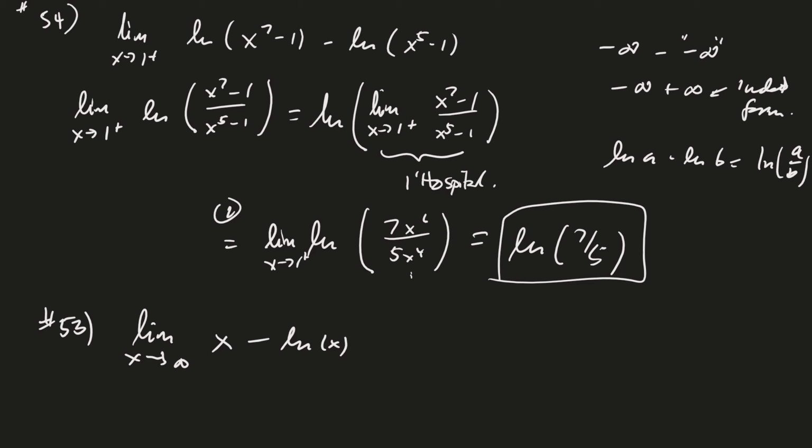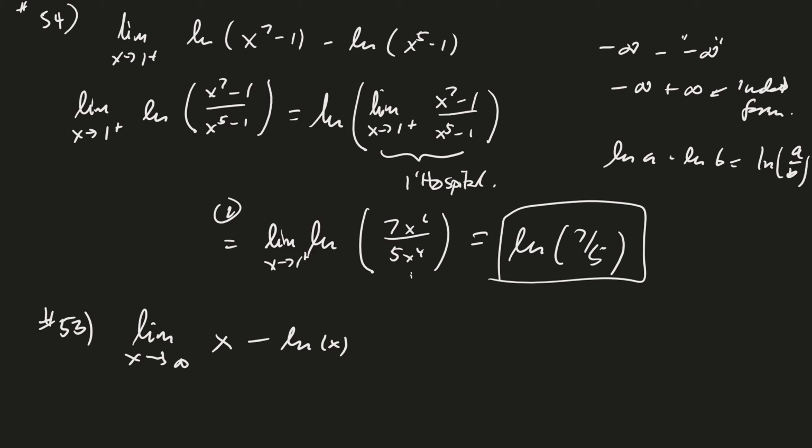Now, if I think about this problem, I think in a section a while back, didn't we prove that x was bigger than the natural log of x? And so you might expect this to actually blow up on you, and in fact it does. But let's see if we can prove that somehow.